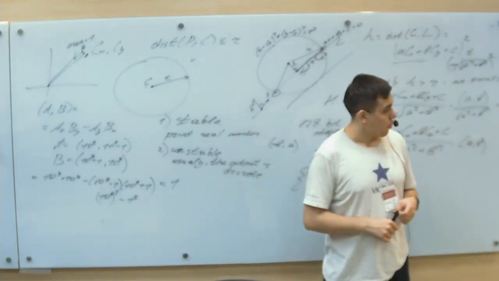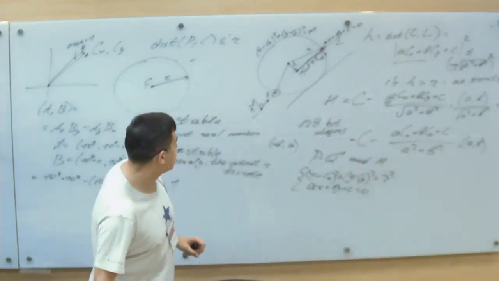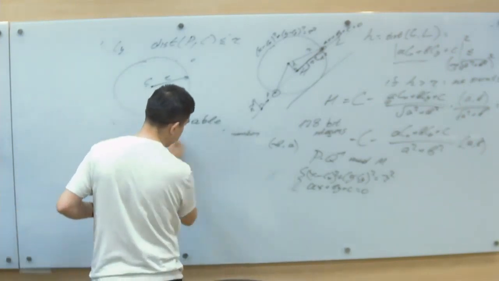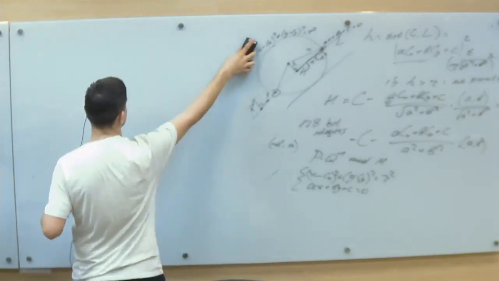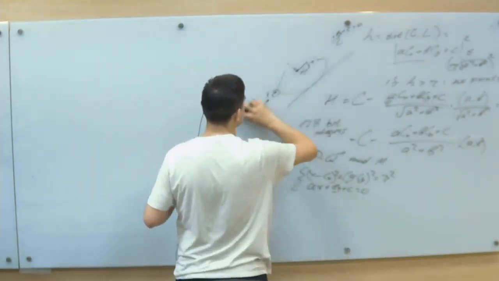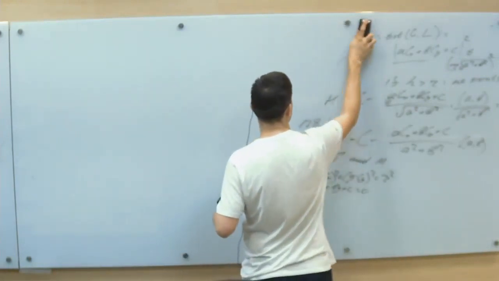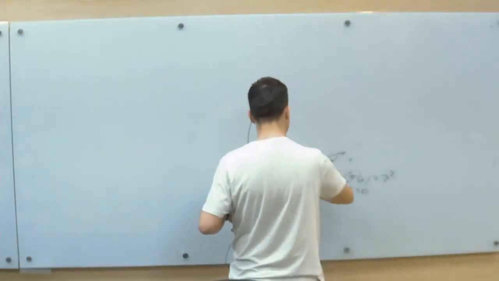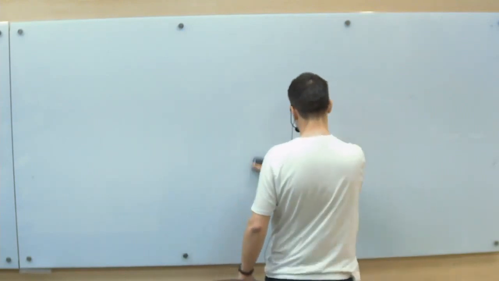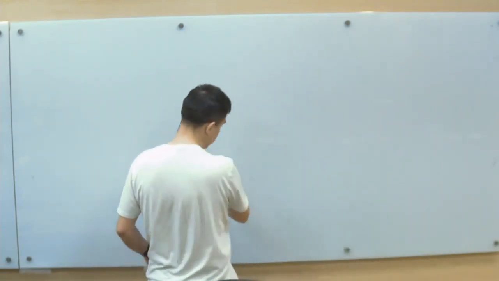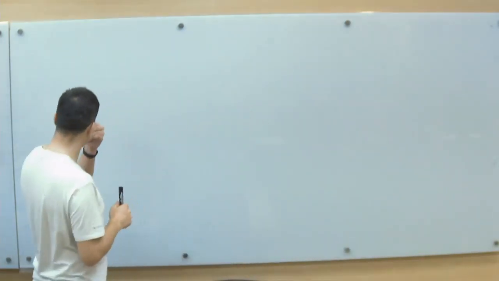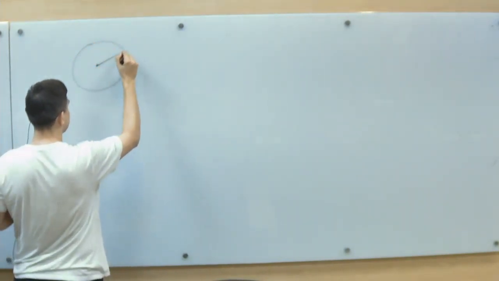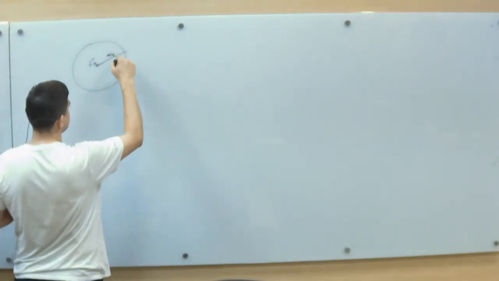Okay, so what if I want to intersect two circles? Have a circle, C1, R1.